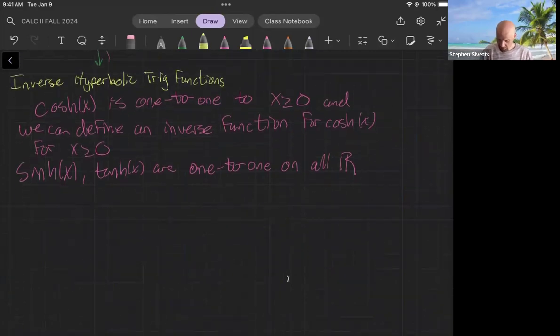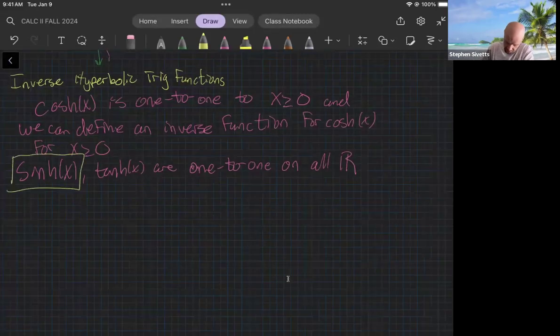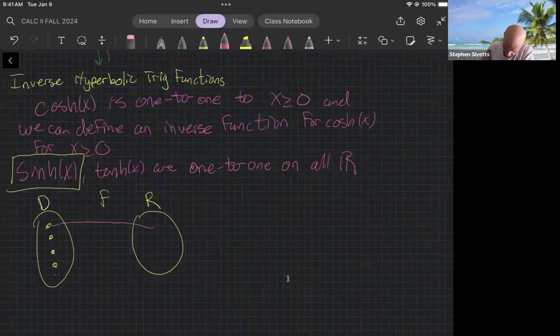So an inverse function exists everywhere, okay? Now, here's how we go about finding an inverse function. I'll start off with inverse sine, okay? Because an inverse function is a mapping. So let's do a review here real quick. If I call my domain D and this other set R, we'll call it range, a function is a mapping that maps one point in your domain to another point in the range, right?